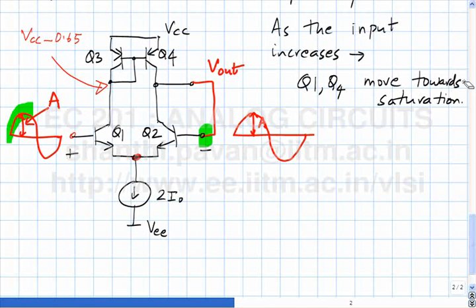Alright. So what is the maximum value of A I can put before either of these transistors get saturated? So the upper limit for A is what? It's VCC minus 0.65.